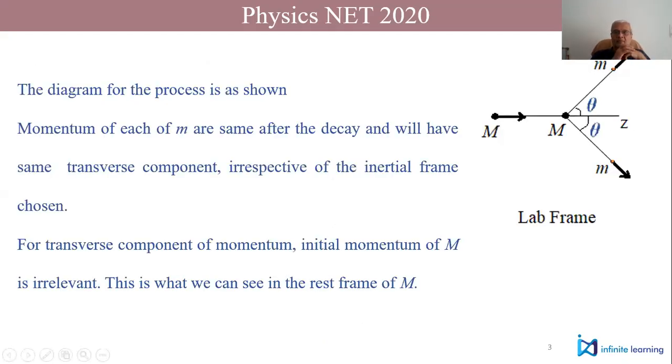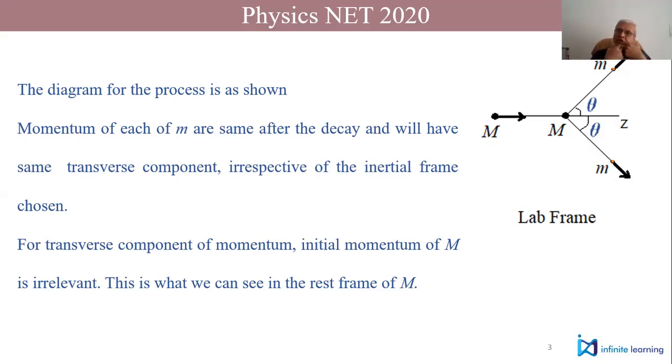In the lab frame, this is what it would look like. If your mass capital M is moving and it decays, then to continue having the same momentum in the z direction, both the masses have to go at an angle theta.